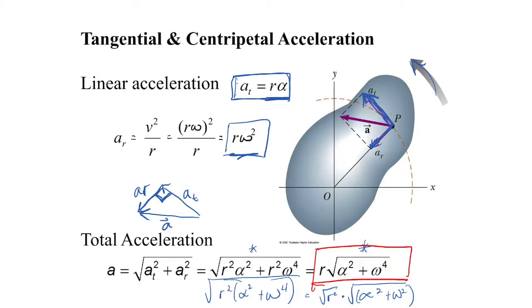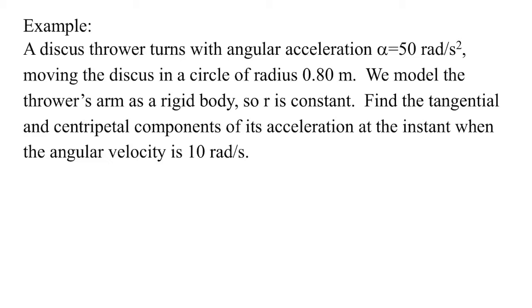Okay, so now that we know a little bit more about acceleration of something that is moving in a circle, let's do some examples. Okay, so we have a discus thrower turning with an angular acceleration, so it's really important to note that the angular acceleration alpha is equal to 50 radians per second squared, moving the discus in a circle with a radius of 0.80 meters.